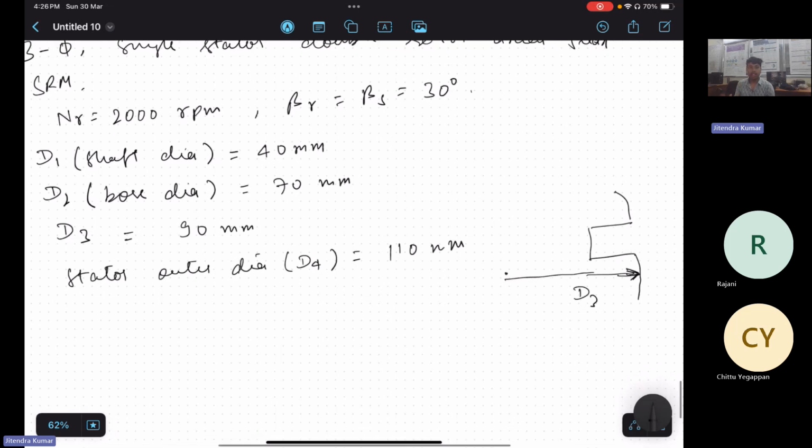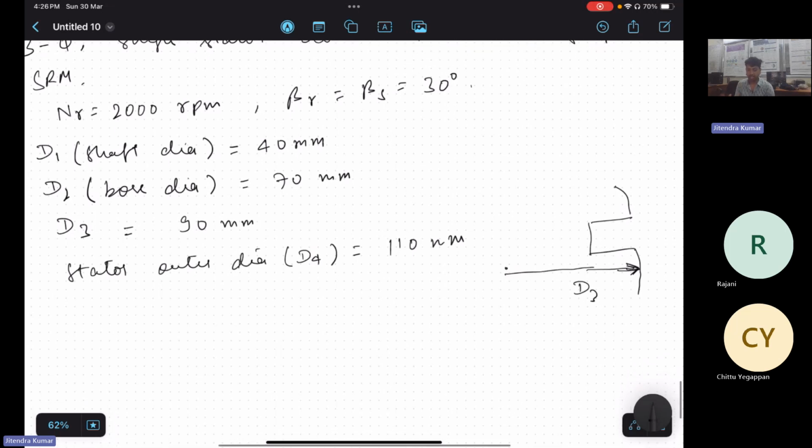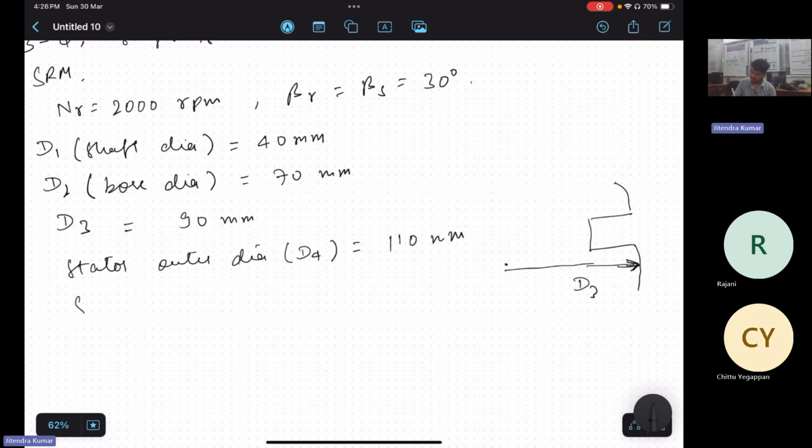Now the stator and rotor stack lengths are not the same. Stator stack length is equal to 60 mm. Why are they not the same?